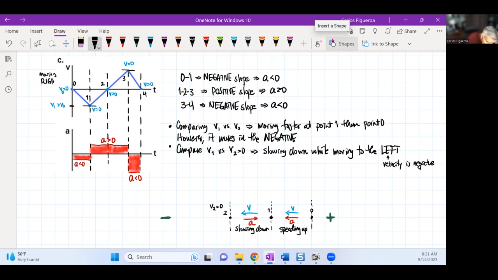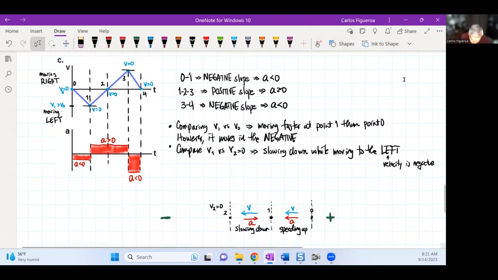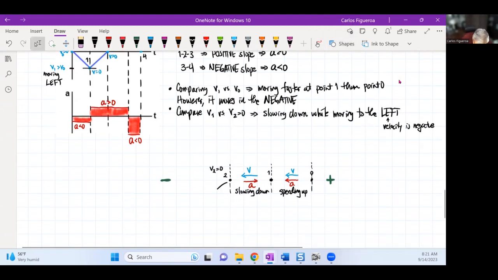Down here, I am moving left. So when I get to here, I have now switched directions, and this is now point 2.